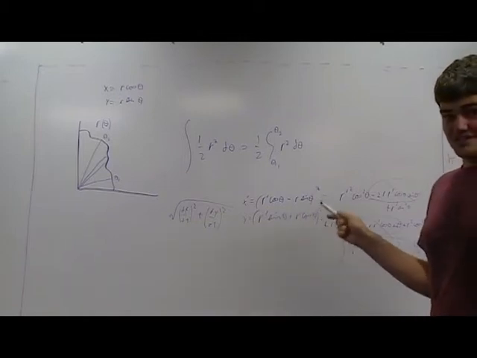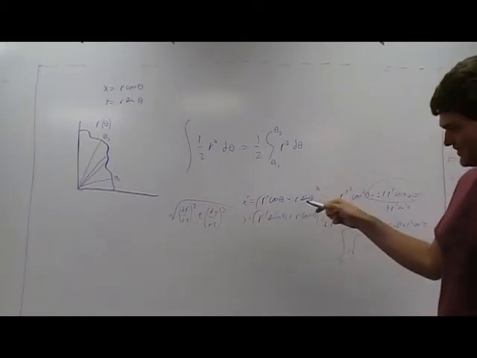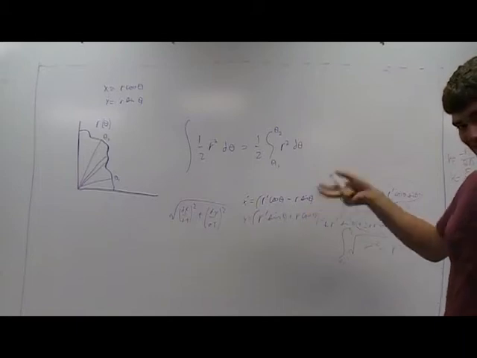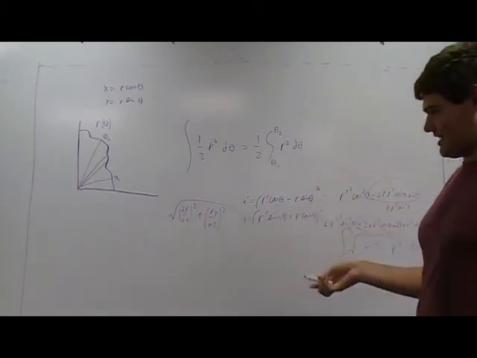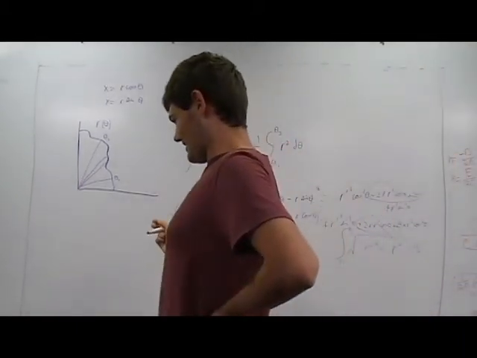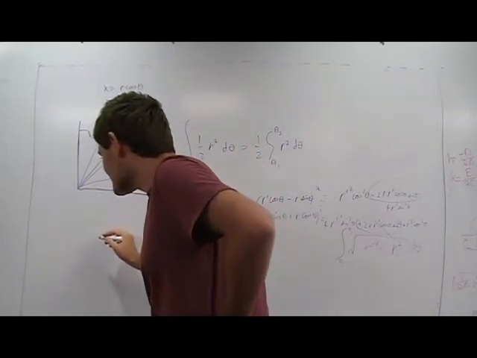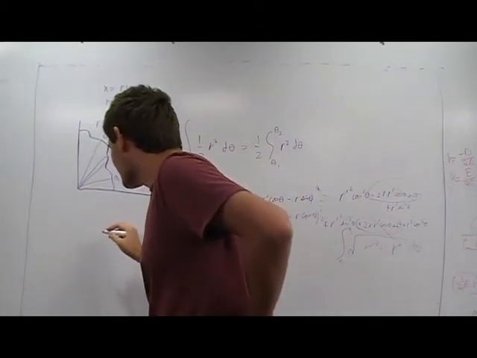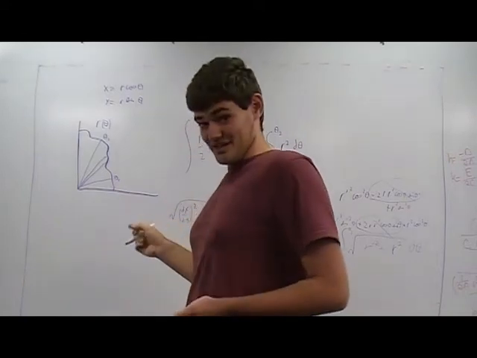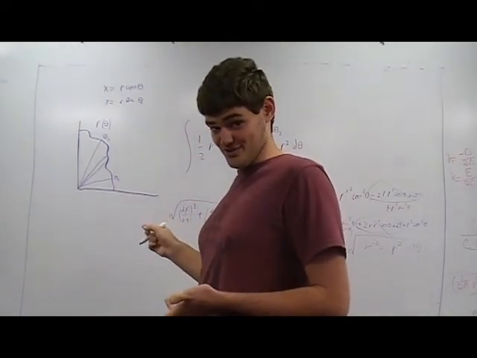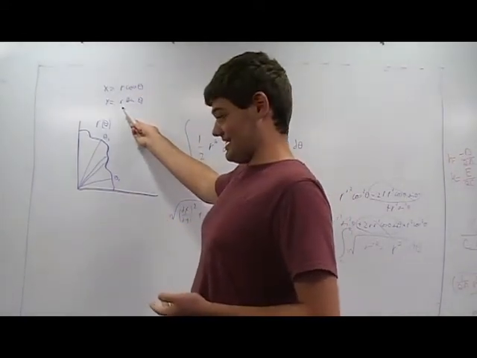Now, the surface area of a polar function when it's revolved around an axis is also pretty complicated, but we can get started on that. Let's see. So again, we can start with the parametric form and get the polar form.